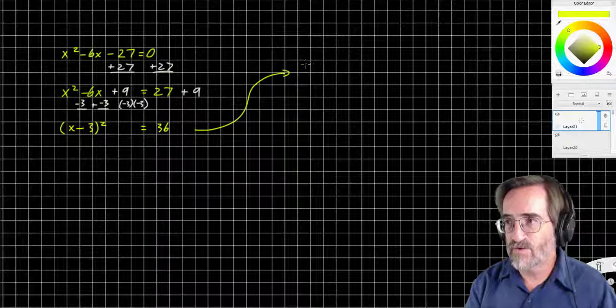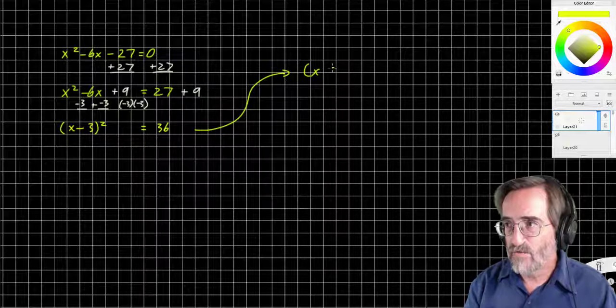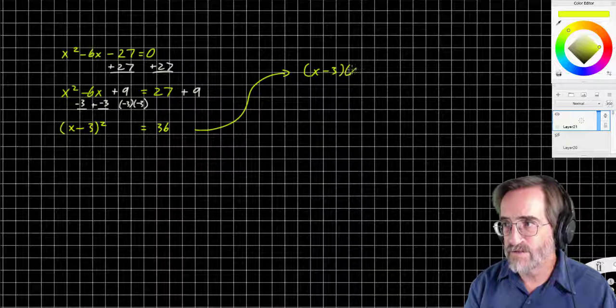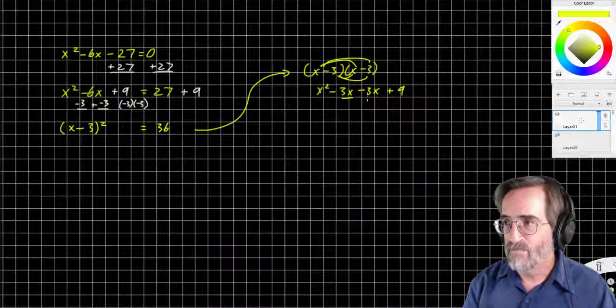And let me just verify. You don't have to write this down. But x minus 3 squared means x minus 3 times x minus 3. X times x, distribute, is x squared. X times -3 is -3x. -3 times x is -3x. -3 times -3 is +9. Combine the two middle terms: x squared minus 6x plus 9.